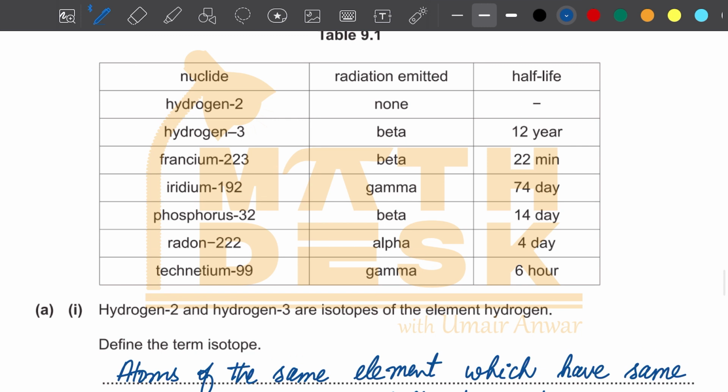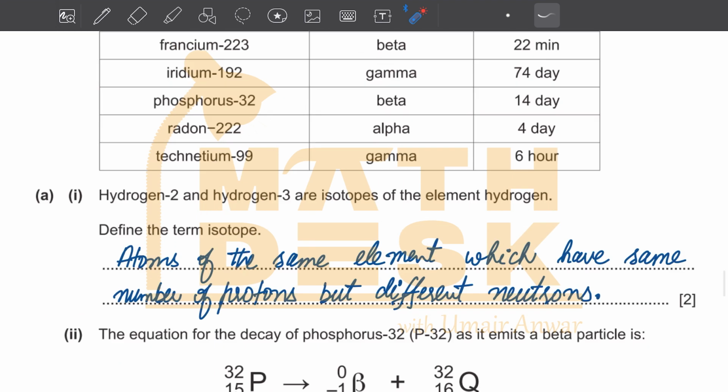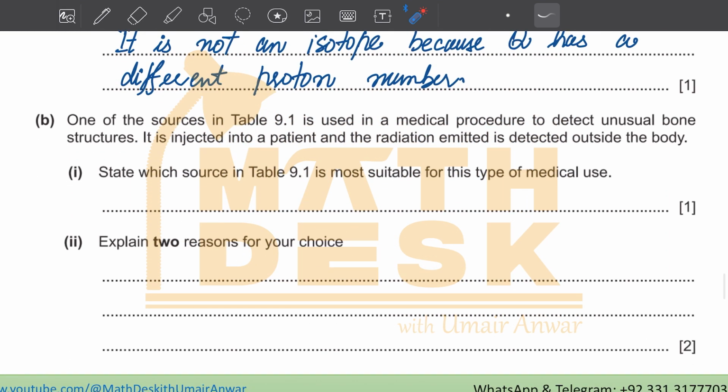The most appropriate source would be the last one, technetium 99, because it emits gamma radiation, and secondly it has a half-life which is very suitable for medical procedures. So the answer here would be technetium 99.